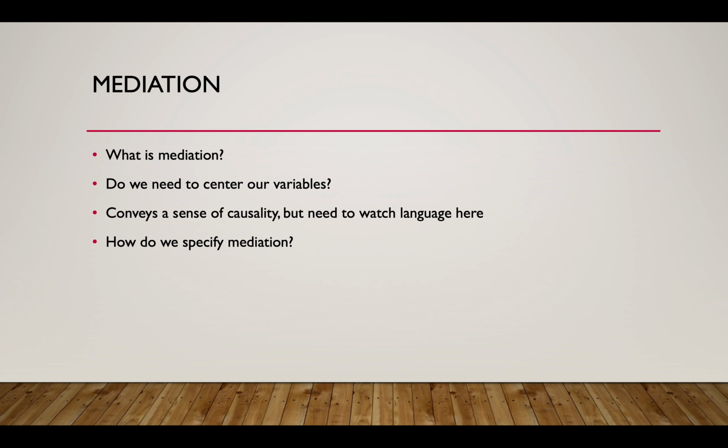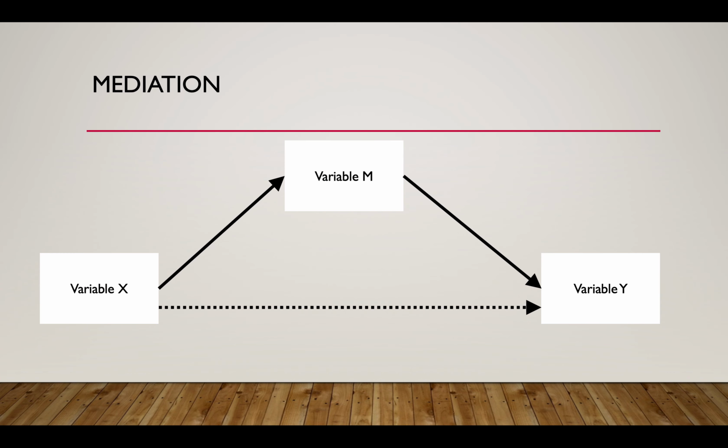I often do not say that X causes M, which causes Y, but I will say that there was an association between X, M, and Y. And to be honest, with mediation, you can move those things around and test alternative potential models. If your data set is cross-sectional, you just need to have a very strong theoretical rationale for the flow of your model. So how do we specify mediation?